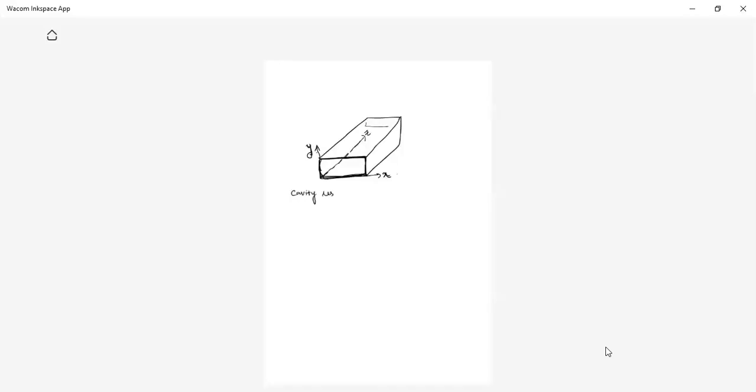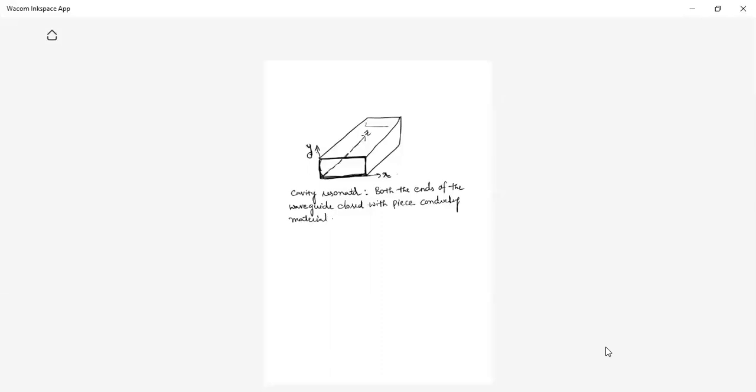A cavity resonator is one in which both the ends of the waveguide are closed with a piece of conducting material. Then it becomes a cavity.